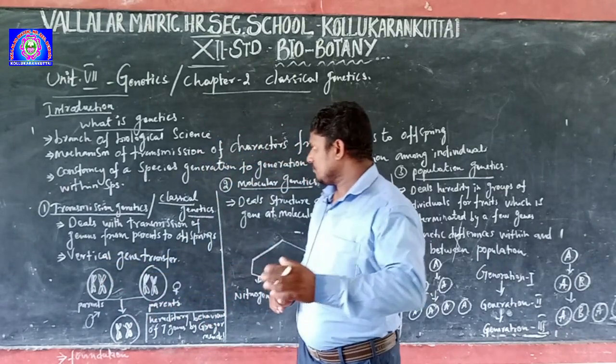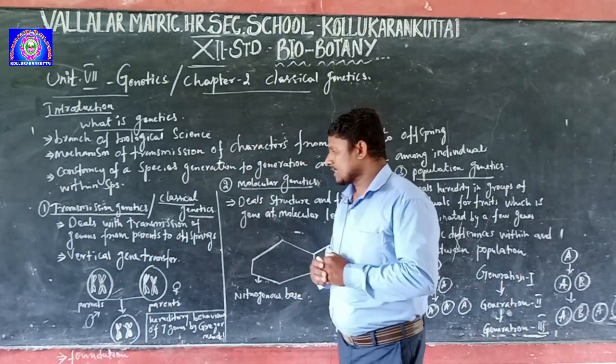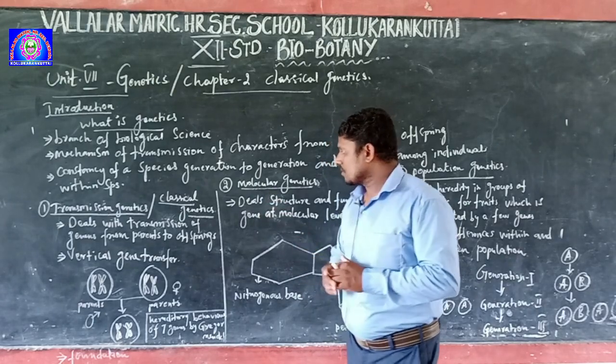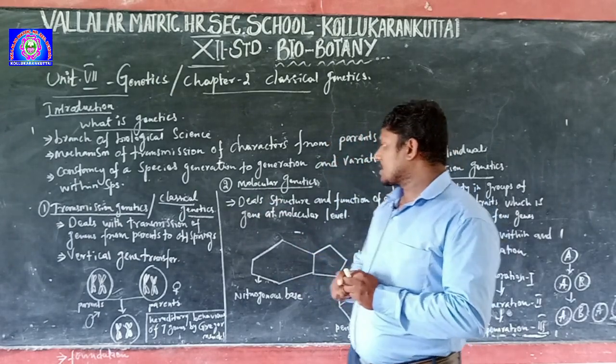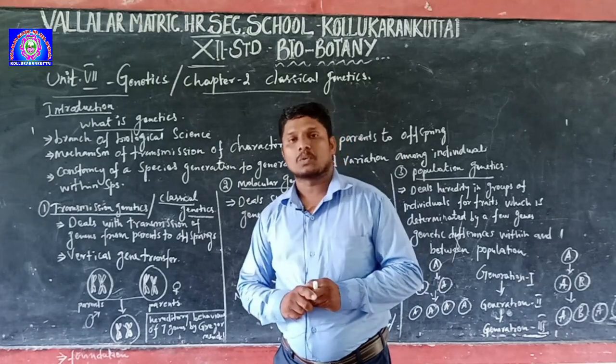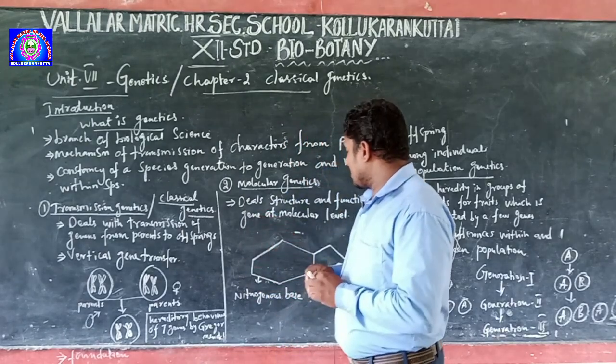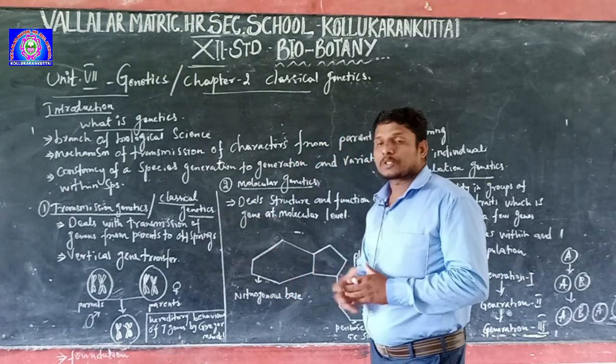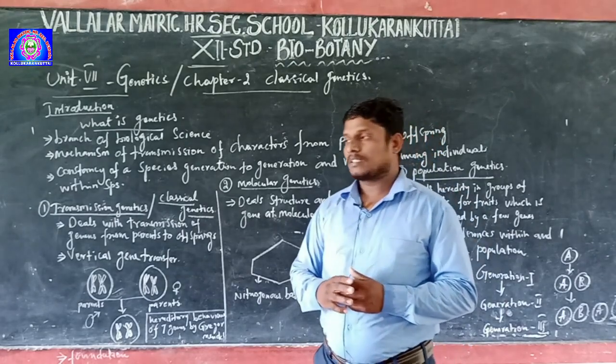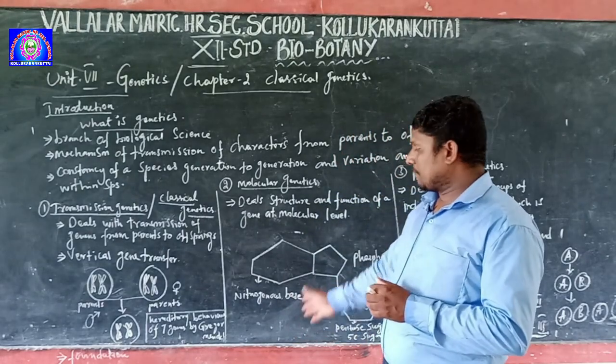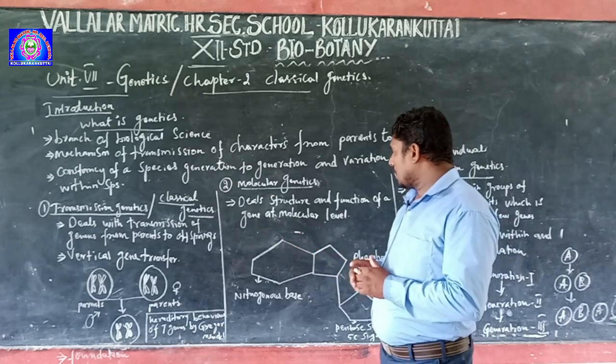And then the second type is molecular genetics. It deals with the structure and functions of genes at the molecular level. For example, this structure helps to describe molecular genetics, like ATP having 3 molecules.